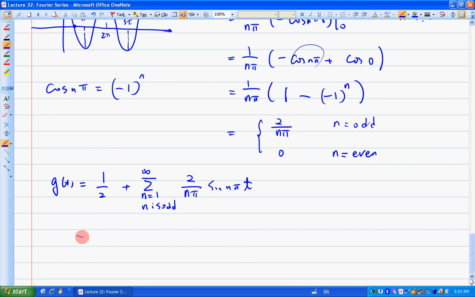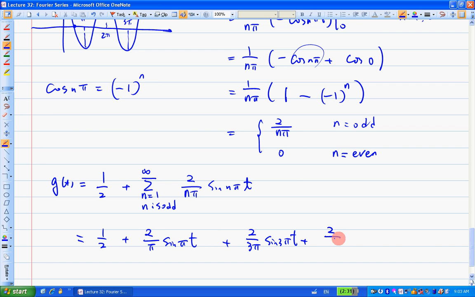If you write a few terms out, it's 1/2. So let's write a few terms. Plugging n equal to 1 here, which is this. Now plugging n equal to 3, because n is odd, so that's 2 over 3 pi sine 3 pi t.